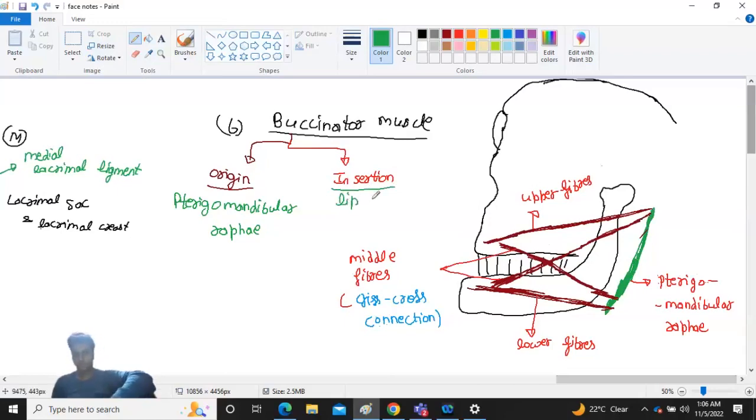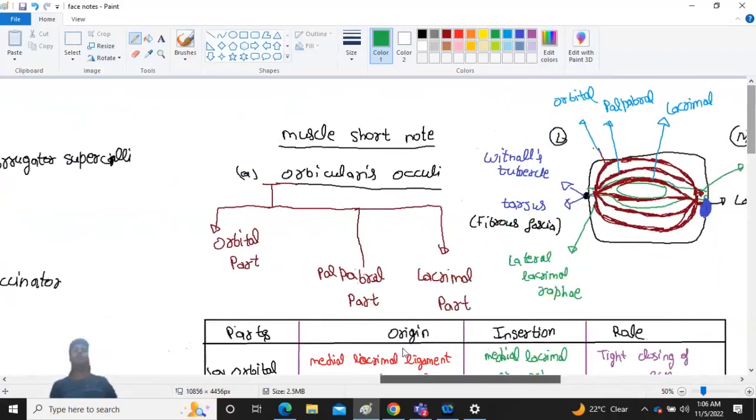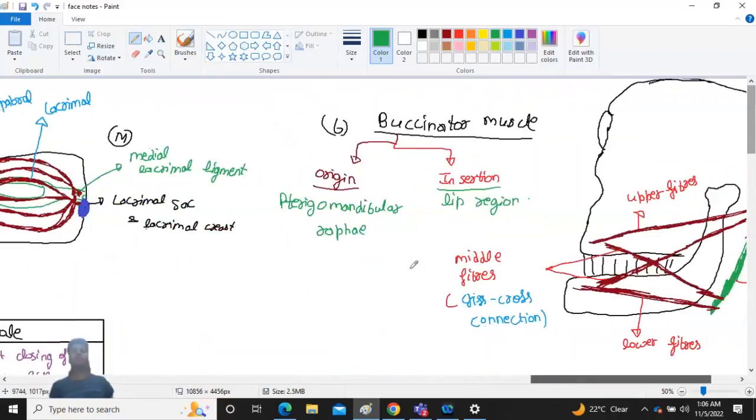Done. So these are the two muscles in short: the orbicularis oculi muscle and the buccinator muscle.